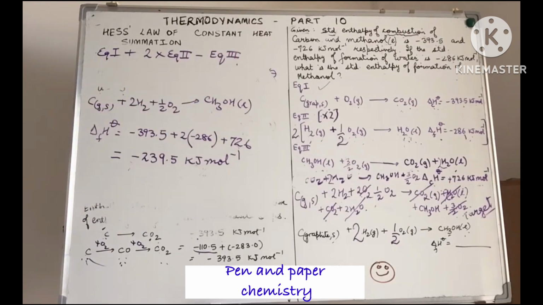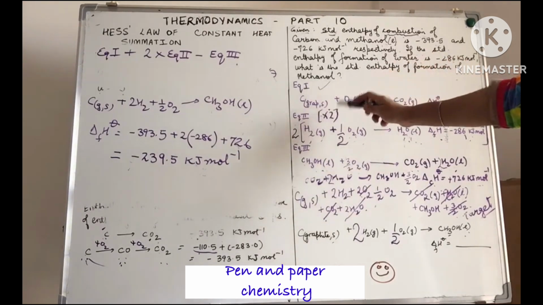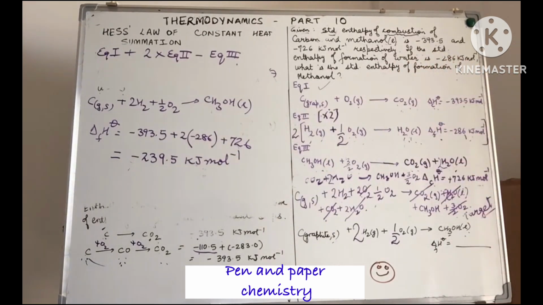Always remember, when you are subtracting, the sign will change. This is the rules of algebra, if you remember. Or when you are reversing the equation also, if the forward process is exothermic, let's suppose I have this equation, the forward process is exothermic, then the reverse process is endothermic.